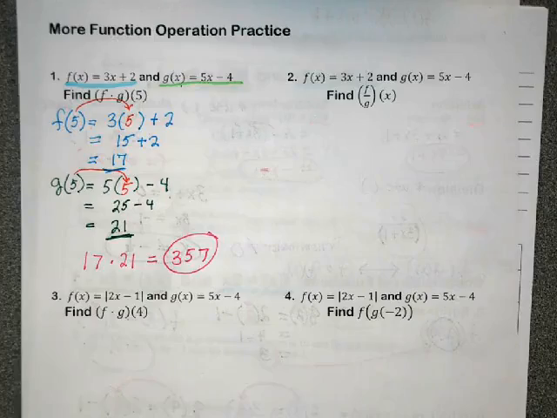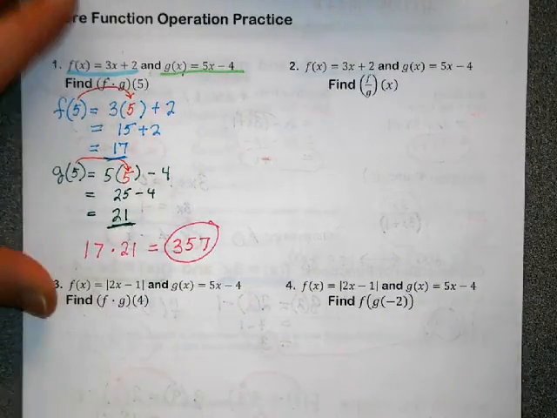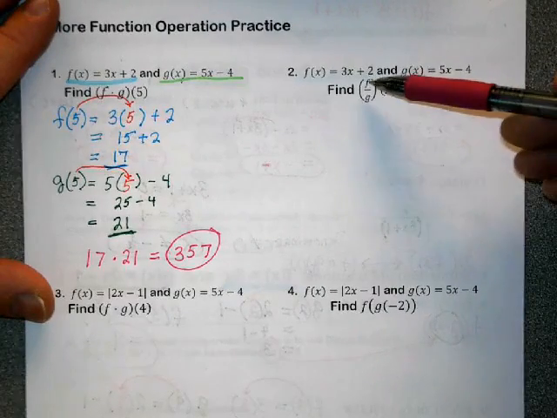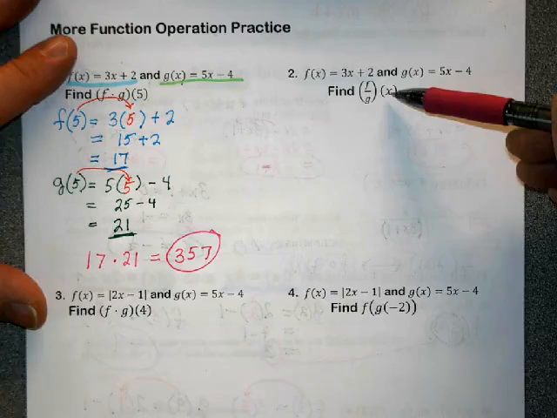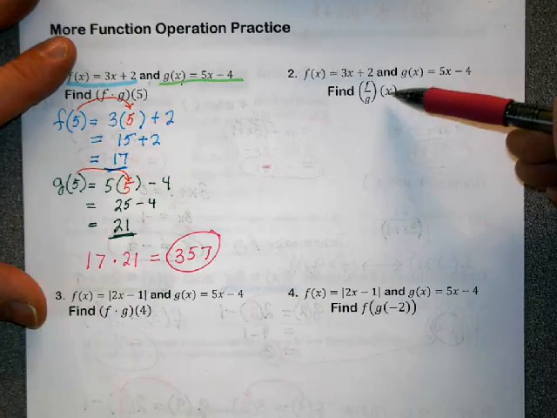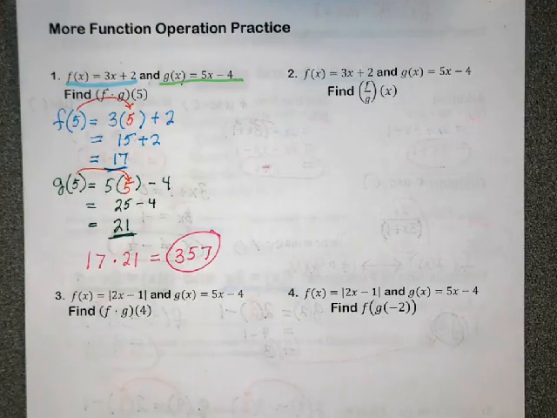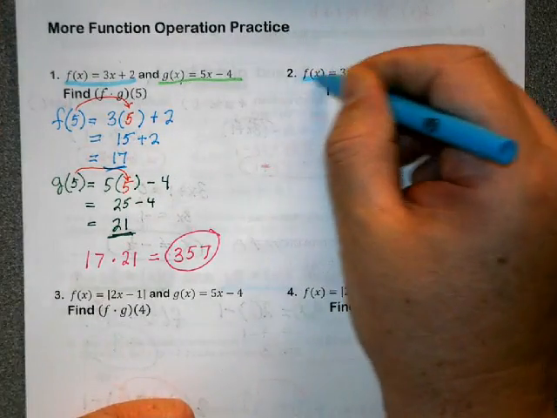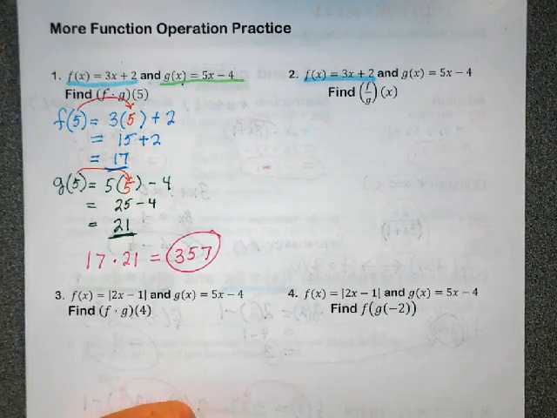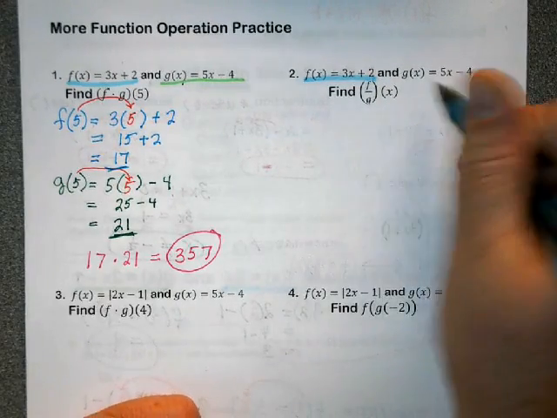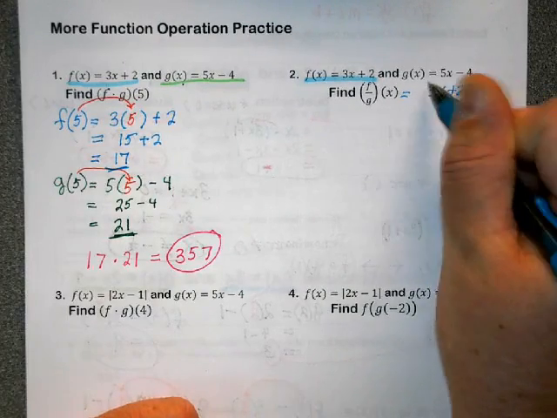Okay, number 2. We have f divided by g. This is going to be an easy one because we don't have to evaluate it. There's no number for x. So my f of x function, 3x plus 2, and because it's going to be in a fraction, I'm going to put it in parentheses.